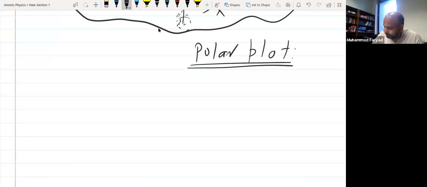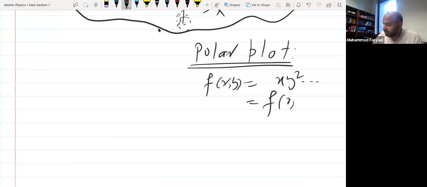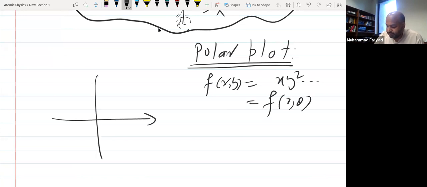Suppose you have a function, some f of x, y, some x, y square, etc. What you do, you actually use polar coordinates and convert it into a function of r and theta in this plane.